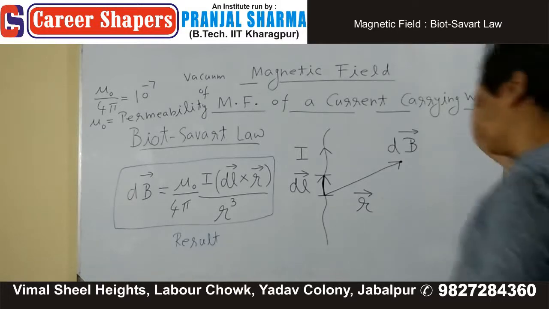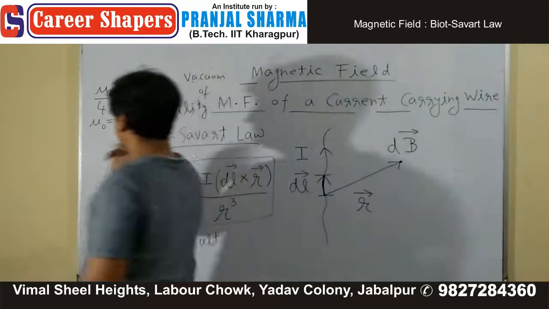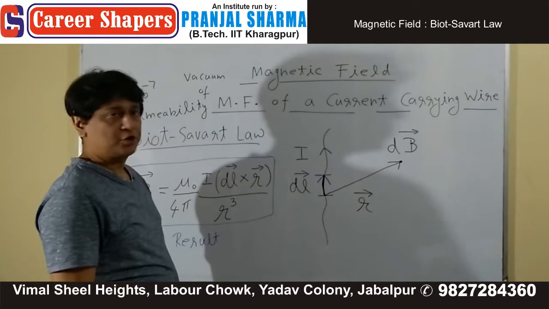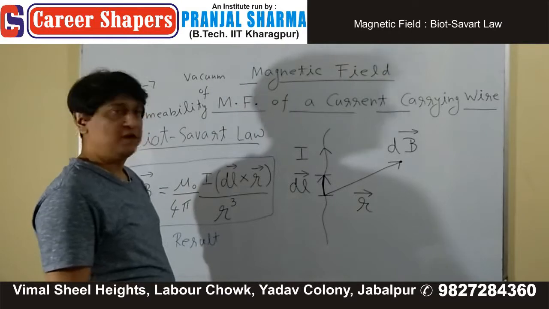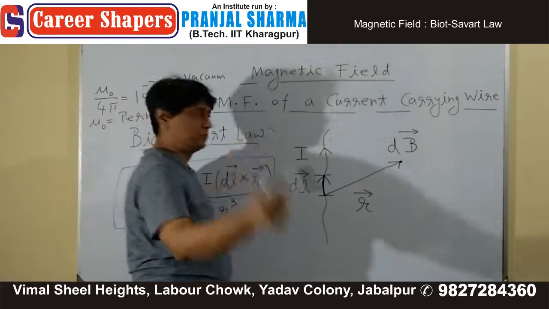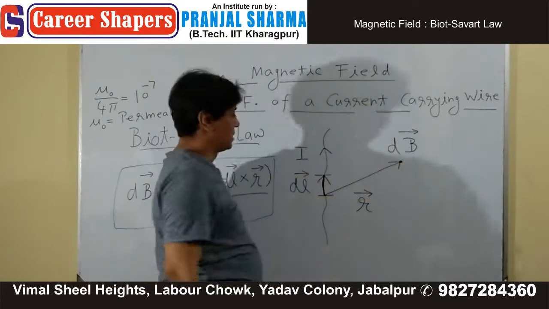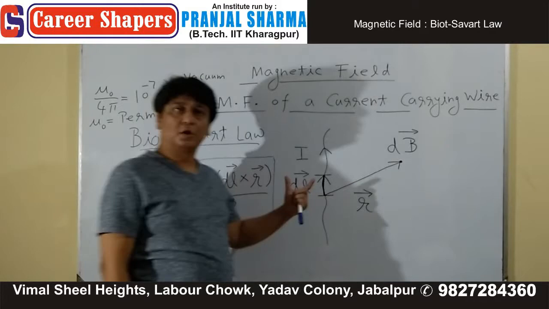Well, only two answers are precise. The direction of dB is inwards, like this. This is about cross product.